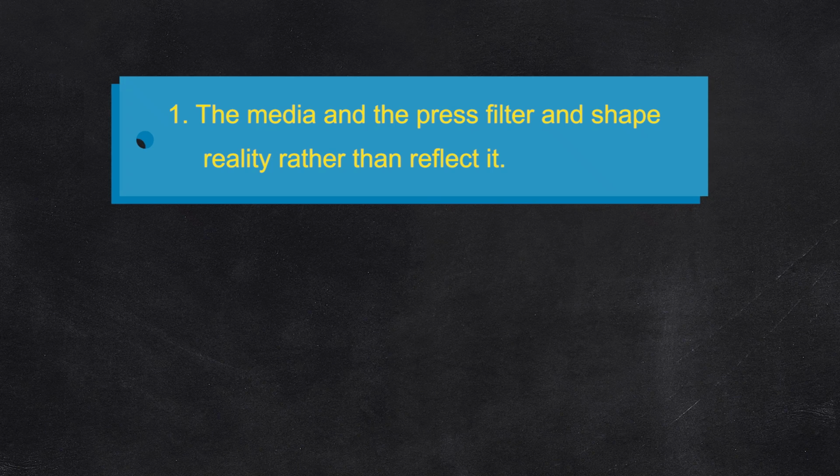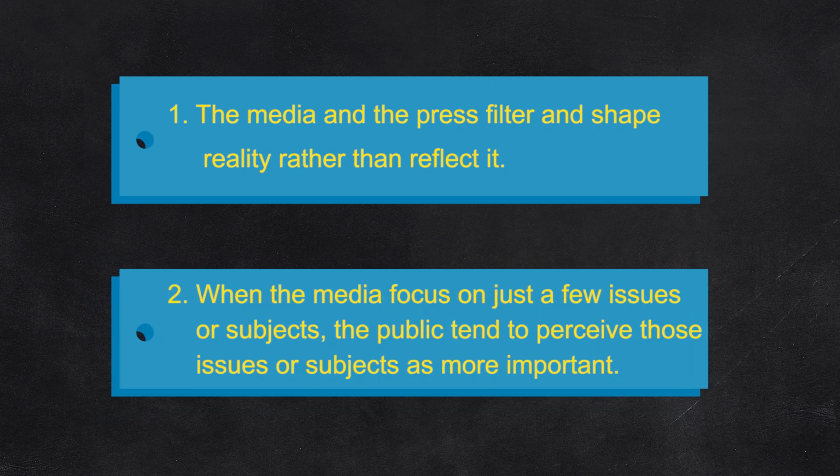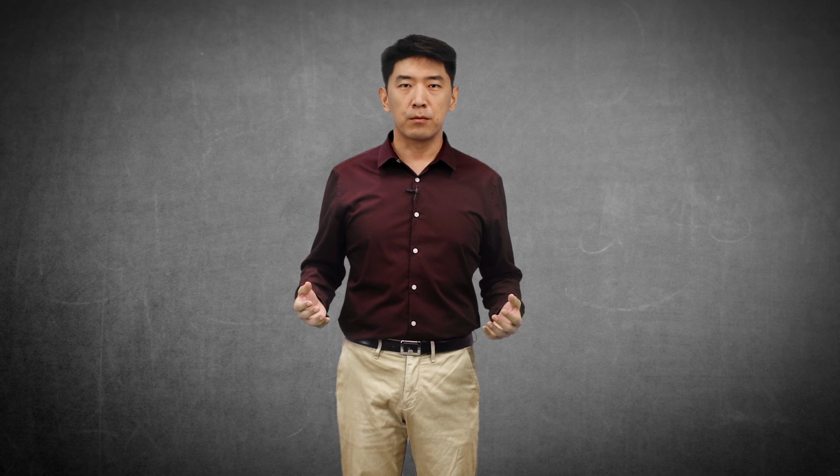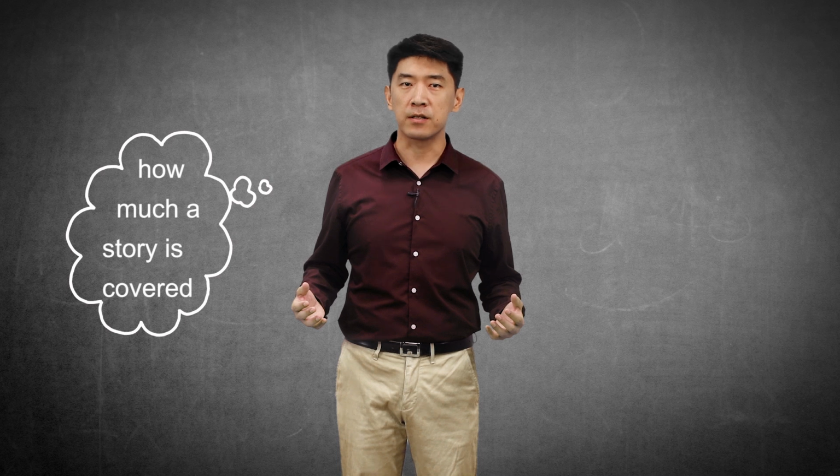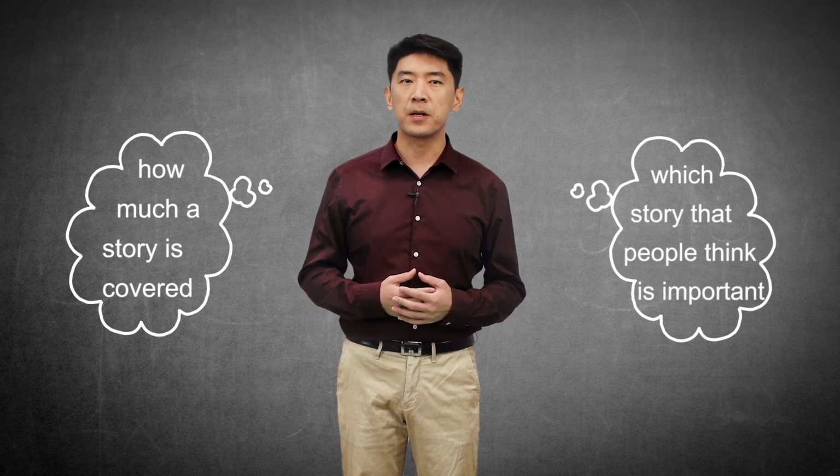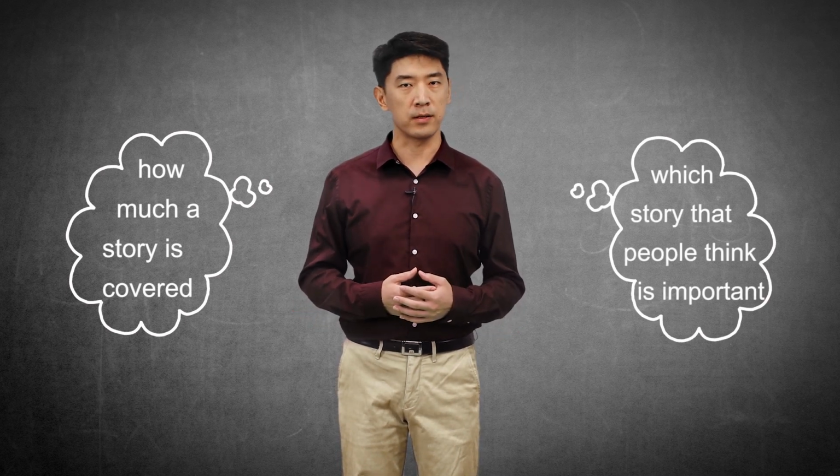The media and the press filter and shape reality rather than reflect it. 2. When the media focus on just a few issues or subjects, the public tend to perceive those issues or subjects as more important. In short, this theory explains the relationship between how much a story is covered and the extent to which people think that the story is important.